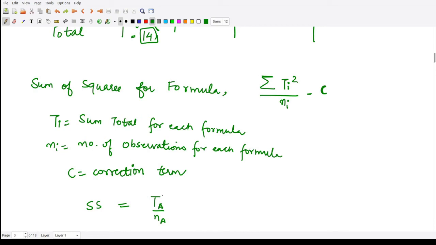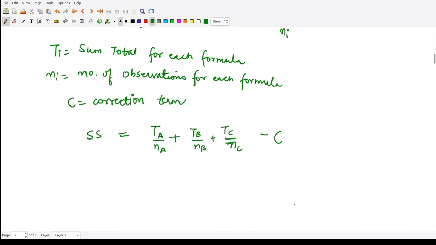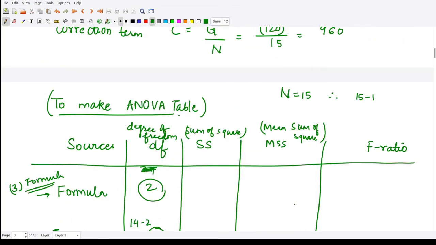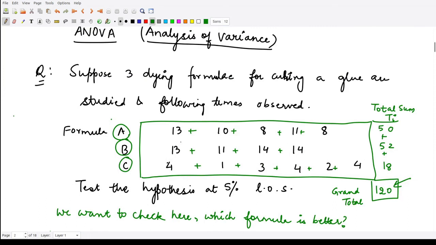So we have this term for the first formula, the second formula, and the third formula, minus C. Now what are Ta, Tb and Tc? Let's go back to our table. The value of Ta is 50 here. The value of Tb is 52. The value of Tc is 18.